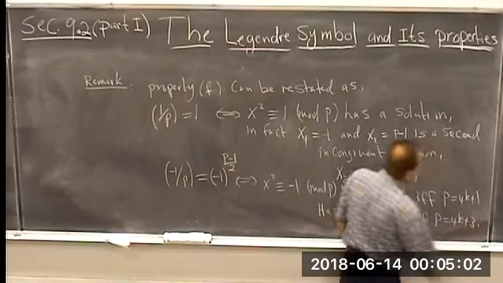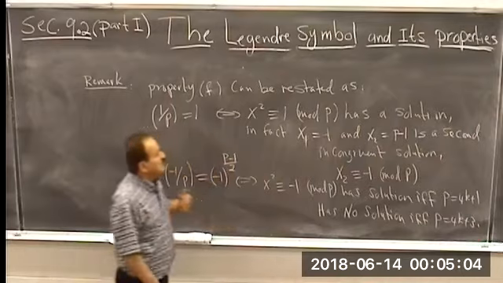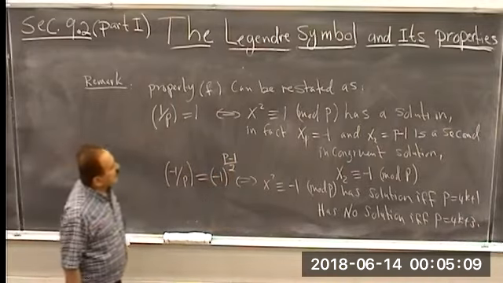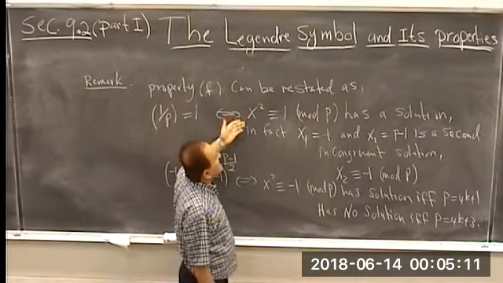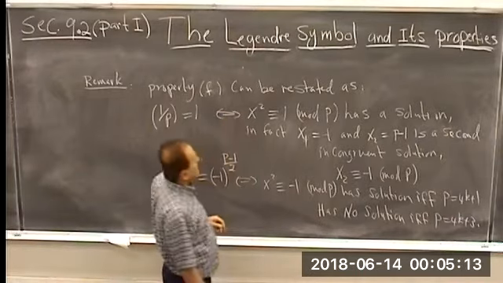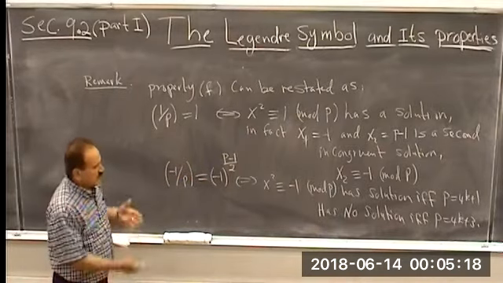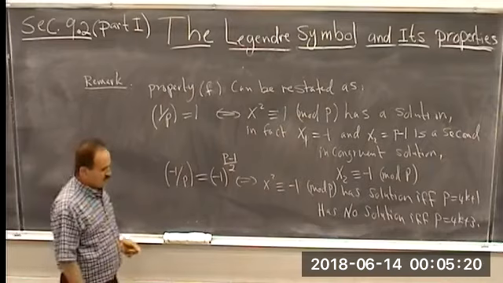So this is the kind of thing we are looking for using the Legendre symbol, which is to translate general quadratic congruences to whether they have a solution or not in terms of the Legendre symbol.